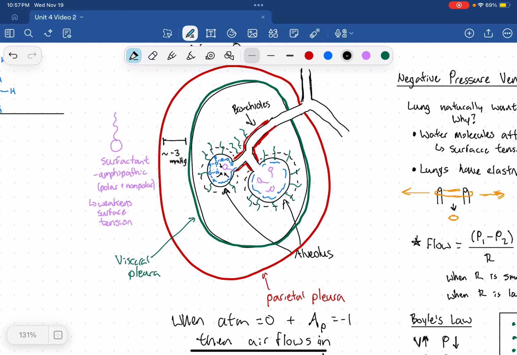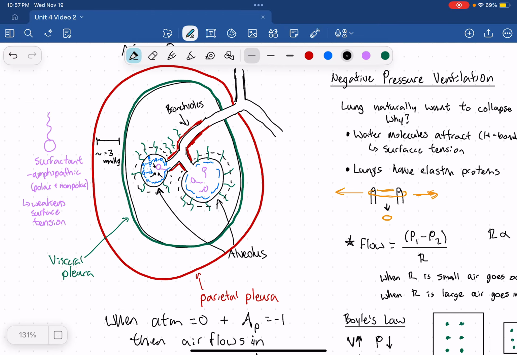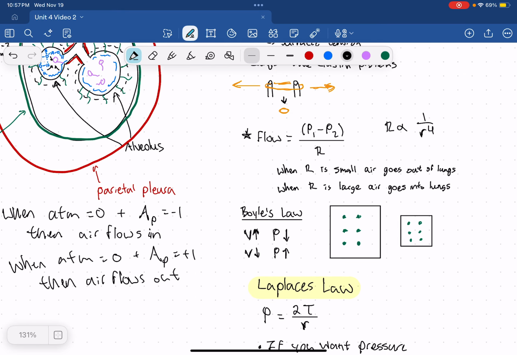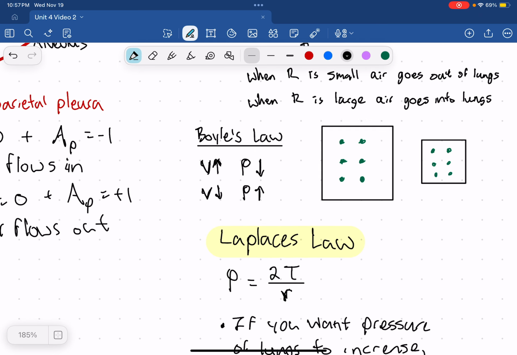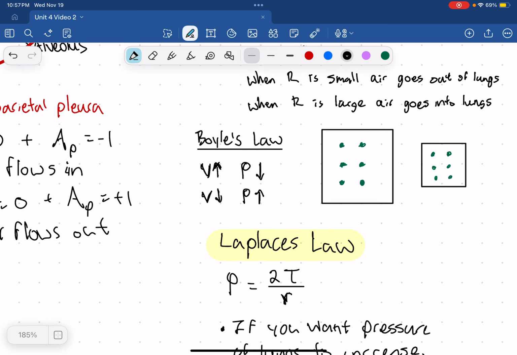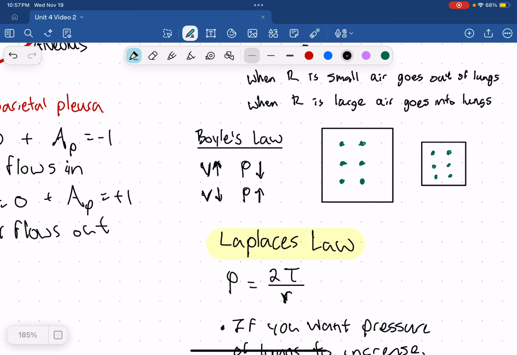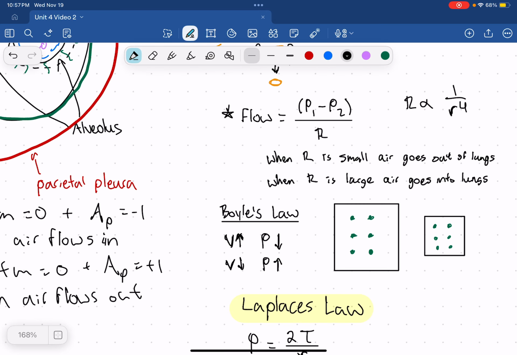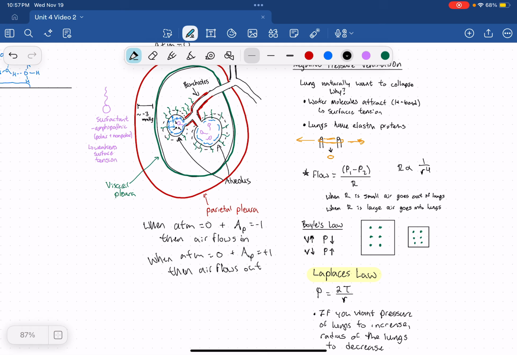exhale, right? Because when we inhale, remember, we have this negative pressure volume. When we exhale, we're increasing the pressure. So when you inhale, your lung volume increases, so the total volume of the lungs increases. We are decreasing surface tension when that happens. The radius of the lungs is becoming much larger, so pressure decreases, right?